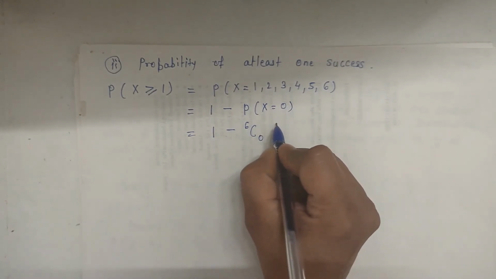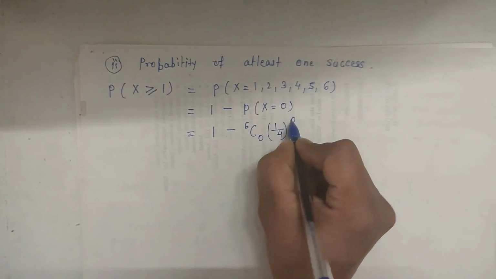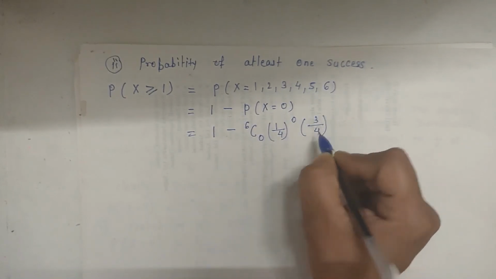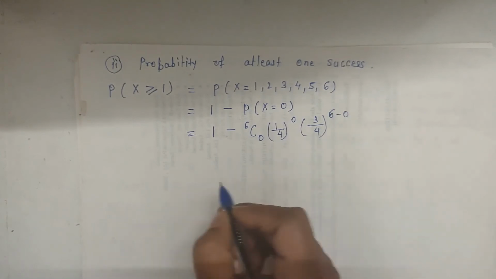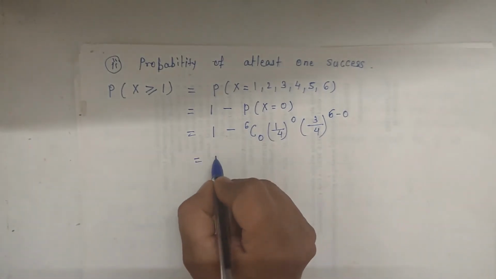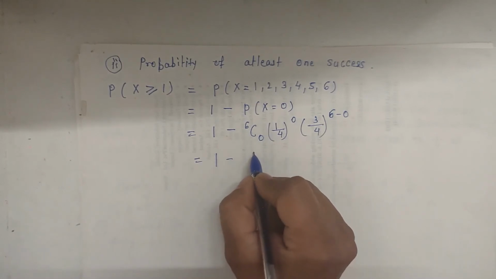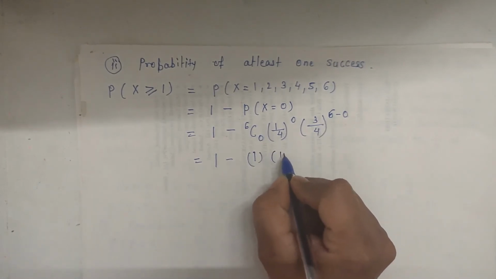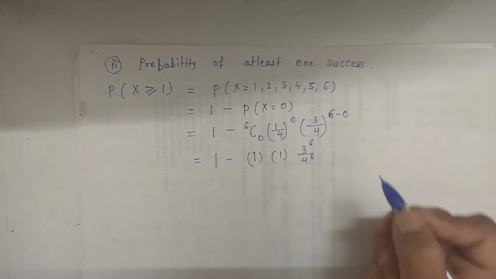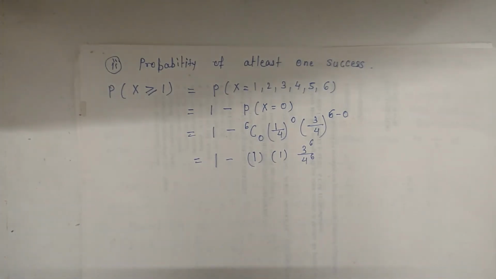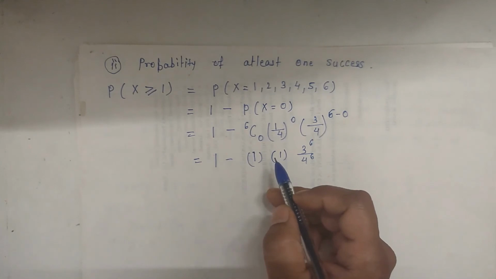6C0 into, here p is 1 by 4 raised to 0 and q is 3 by 4 raised to n minus 0, n means 6 minus 0. This is equal to 1 minus, 6C0 is equal to 1, 1 by 4 raised to 0 is 1, and 3 by 4 raised to 6, by separating the index, 3 raised to 6 upon 4 raised to 6.